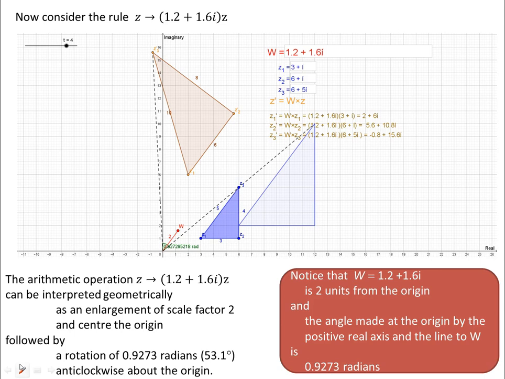And notice that the enlargement scale factor was exactly the same as the distance of w away from the origin, and that the angle of the rotation was exactly the same as the angle made at the origin by the positive real axis and the line off to w.